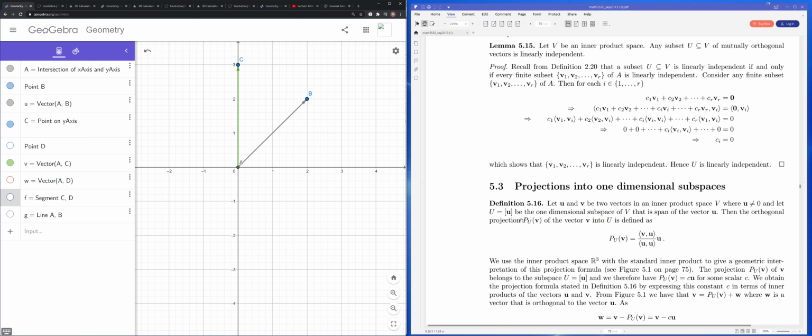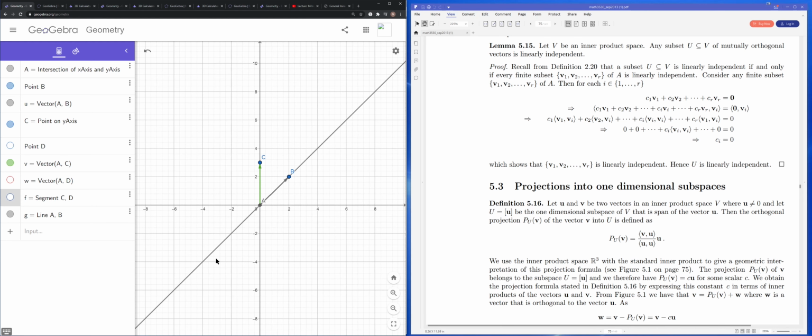The small u over here is a vector in the plane, and taking the span of that vector u gives me a subspace of my vector space. So if I take the span of this vector u here, which is this gray vector going from A to B, what I get is a subspace.